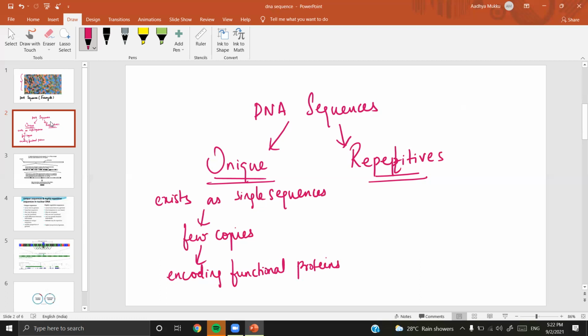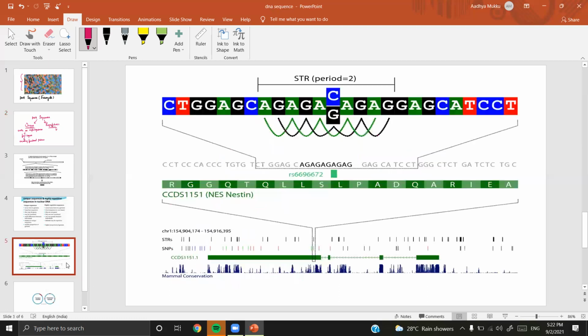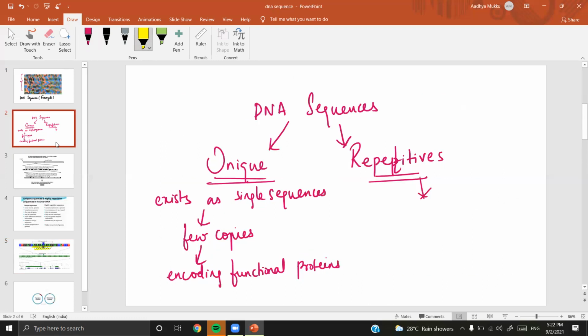But we have other sequences also where you can see that these are continuously repetitive. For example, if I show you this slide, you can see that these nitrogen bases, AG, are repeating. This particular sequence is highly repetitive. So if these sequences are repeating, then we are going to call them repetitive DNA sequences. Okay, children, have you got it?